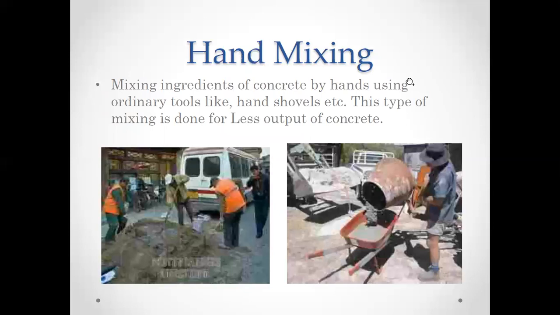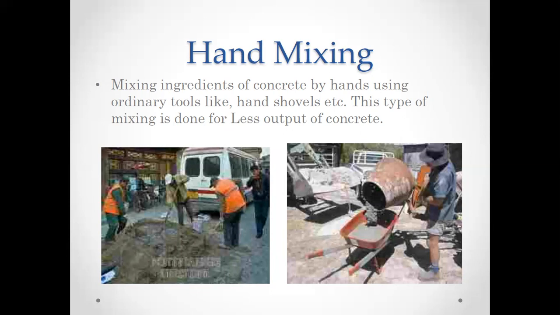So the first one is hand mixing. In this type, the mixing ingredients are mixed manually by labor with hands. Ordinary tools like hand shovels, etc. are used in this case.